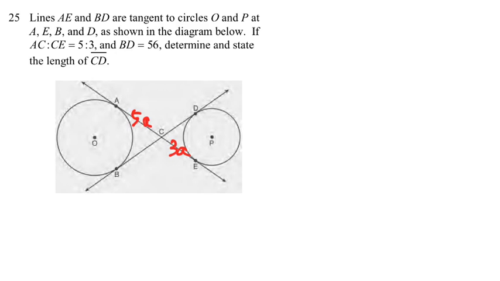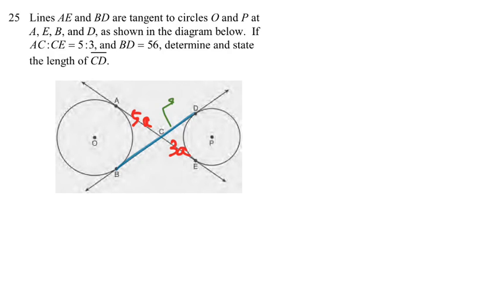Number 25. So they called it one segment of the tangent line is 5, and the other one is 3. So a 5 to 3 ratio. It works in both ways. So here we have BD broken down into 5A and 2A, because from a point outside of a circle, 2 tangent line segments are equal to each other.